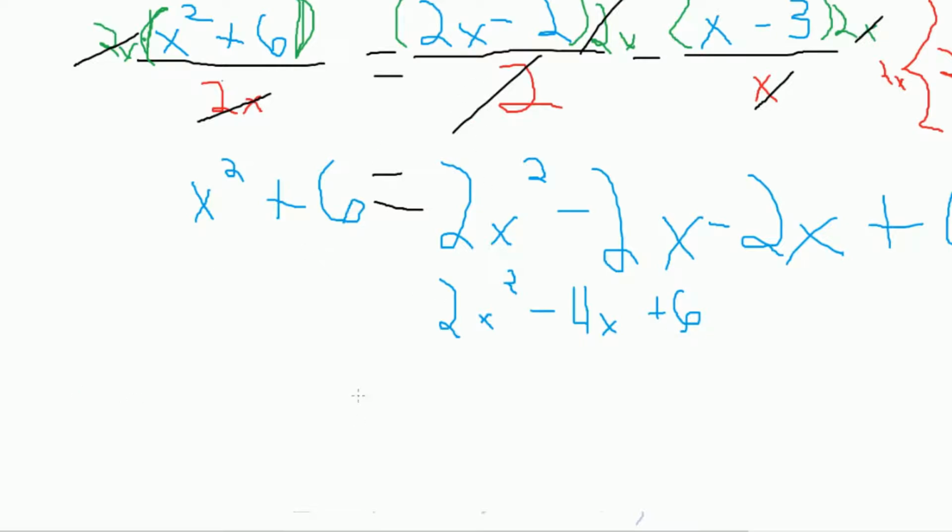And now, since we have a square, we need to make one side equal 0 and the other side a polynomial.